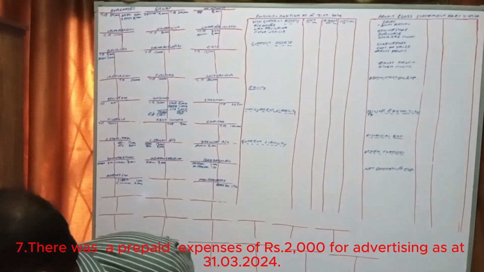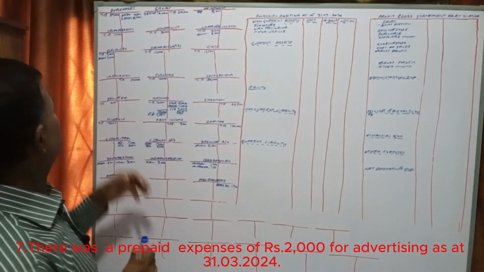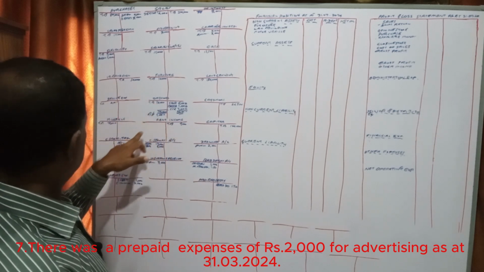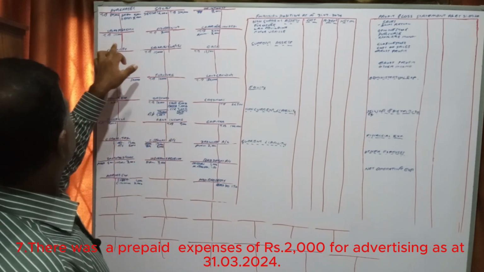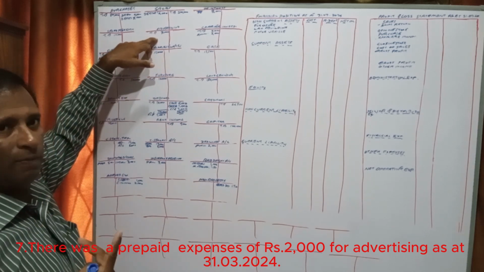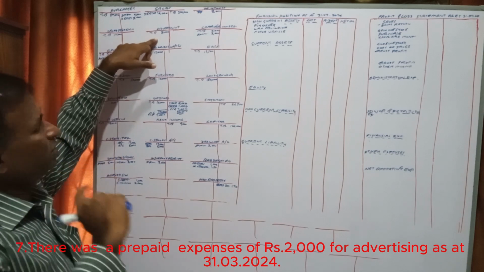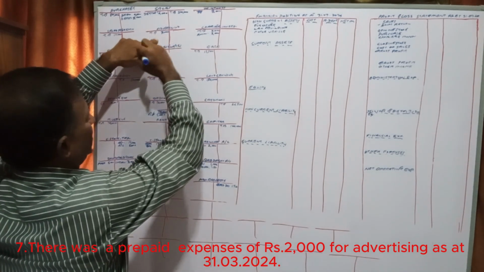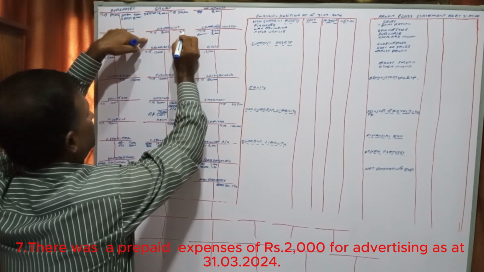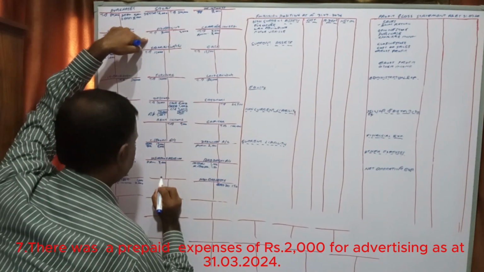And there was a prepaid expense of 2000 for advertising expenses. Where is the advertising expenses? Advertising expenses include 3000, which includes prepaid. We have paid for the next year's advertising also. That amount contained 2000, so we have to eliminate that 2000 from advertising expenses. We are eliminating it and debited to prepaid expenses.